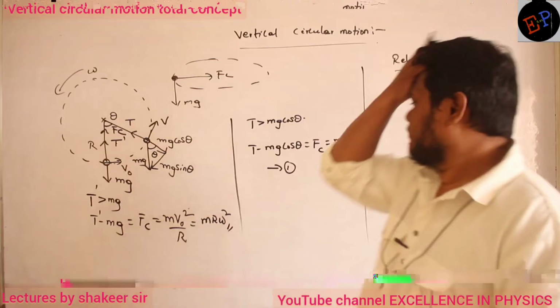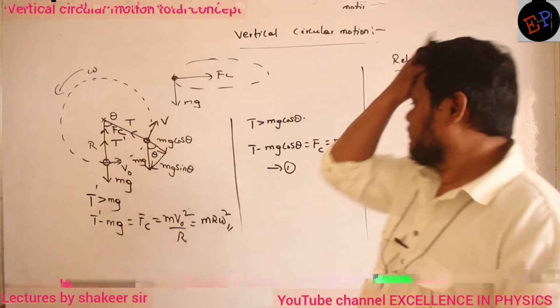Tension is always acting in this direction, but displacement is in this direction. The angle between tension and displacement is 90. Work done is F s cos theta, and cos 90 is 0. So tension cannot do any work. The only force doing work here is gravitational force.